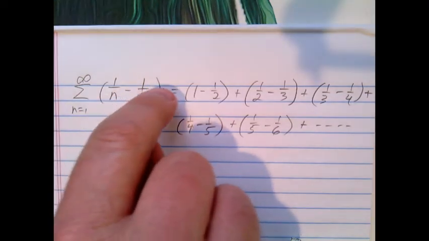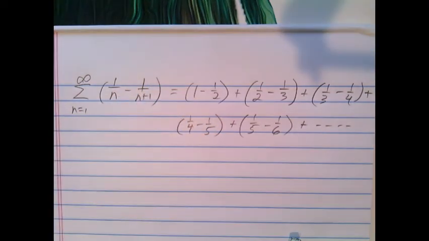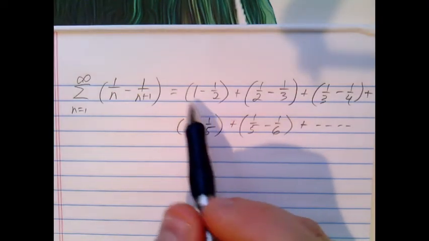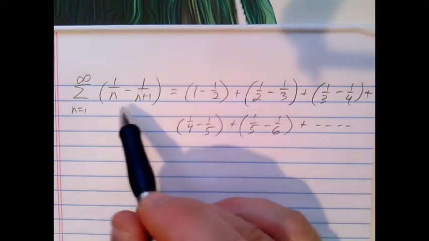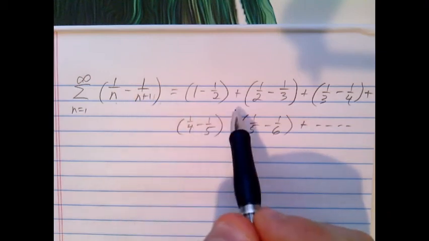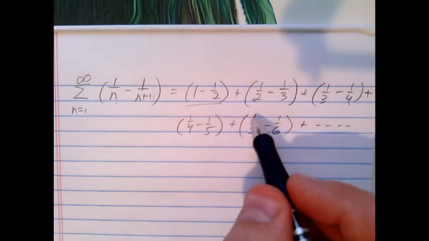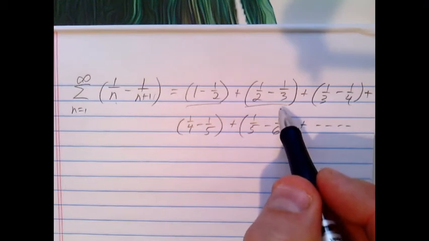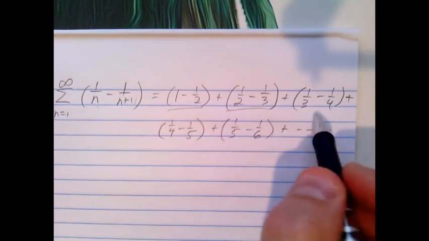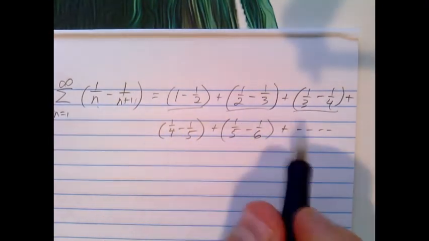This series of absolute values, basically just the positive parts of the terms, looks like this. When n is 1, I get 1 minus a half. That's my first term. When n is 2, I get a half minus a third. When n is 3, I get a third minus a fourth, and so on.